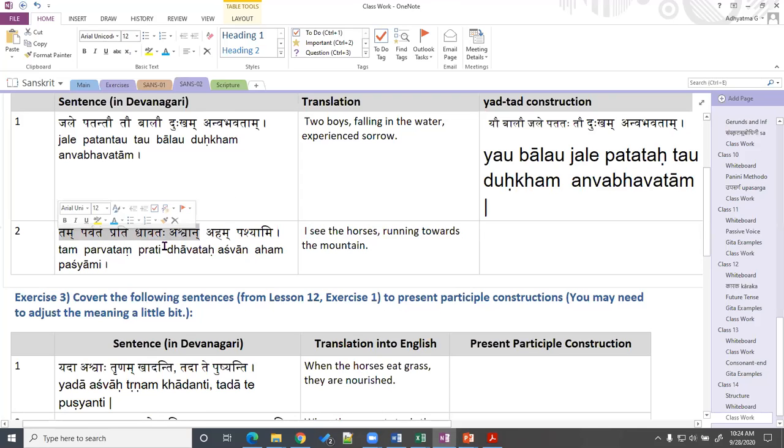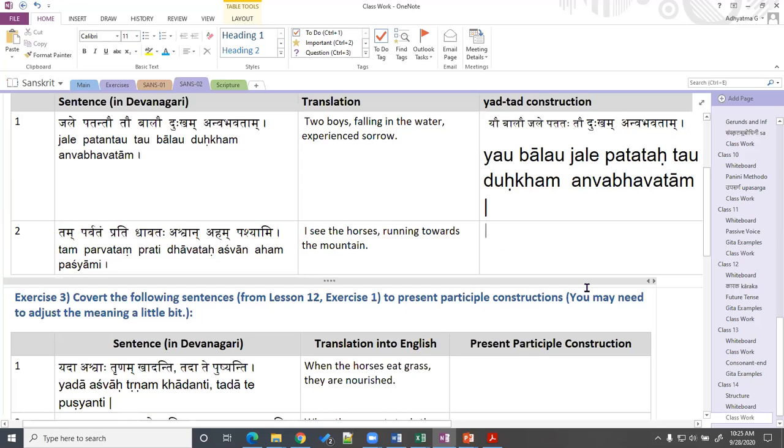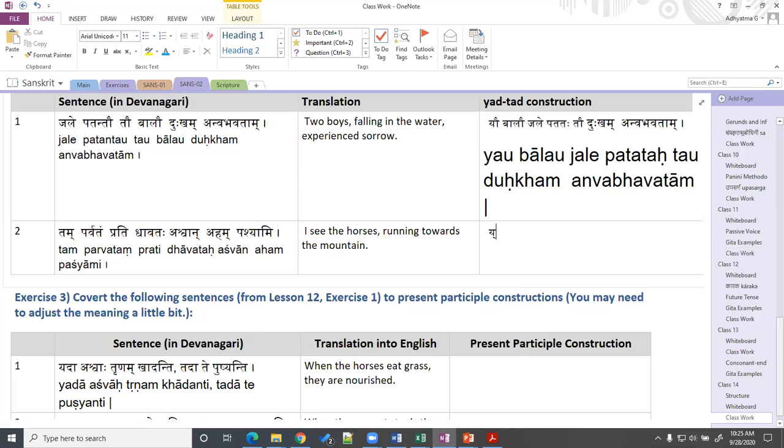So you will say, ye ashwaha parvatam prati dhavanti, because ashwa is plural here. That's why we have to use the plural, and ye also becomes plural.